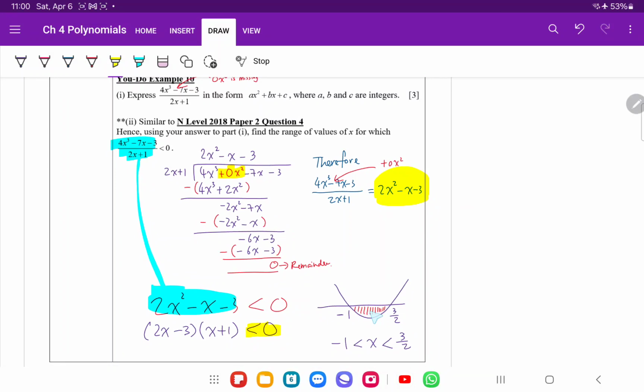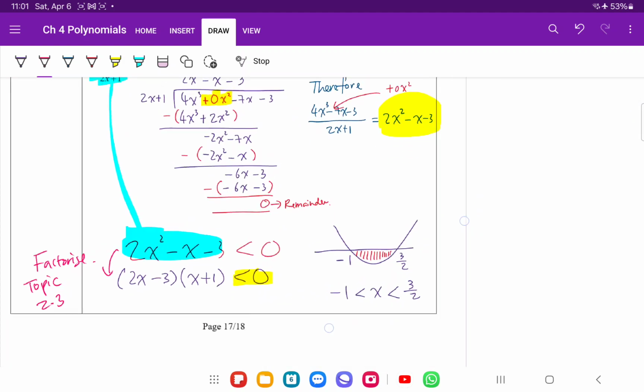Less than 0 means below the x-axis, you shade below, and then the answer is x more than -1 less than 3/2. Now what is important here is that you remember to factorize. Now this is from topic 2.3. If you have forgotten this, please go and revise.